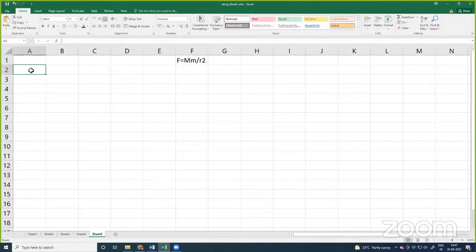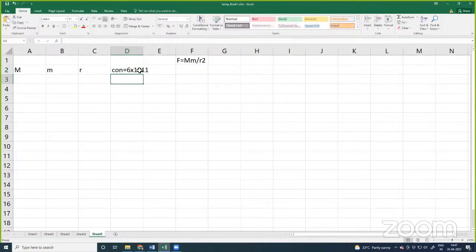You should know the value of mass M, the mass of the other object m, and the distance of separation R. The constant is G, which you are well aware of, about 6 into 10 to the power of minus 11.